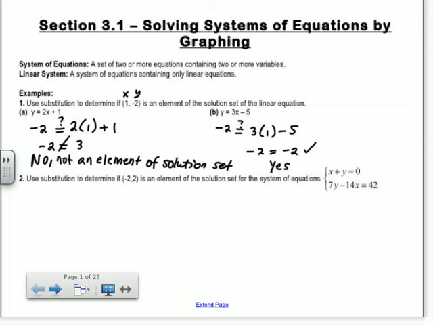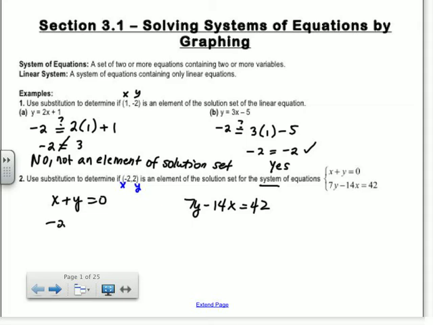So number 2, it says use substitution to determine if (-2, 2) is an element of the solution set for the system of equations. So this time it's a system, which means it needs to be a solution for both equations. So you're going to plug into both. The first one is x plus y equals 0. The second one is 7y minus 14x equals 42. I'm plugging in -2 for x, 2 for y.